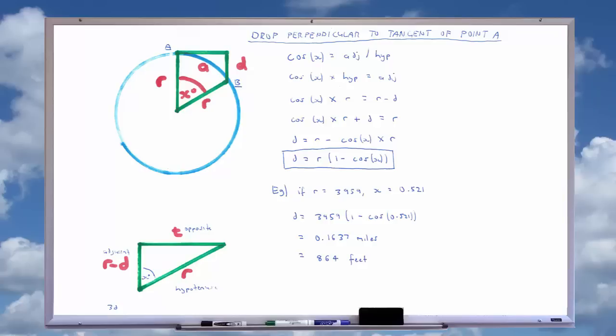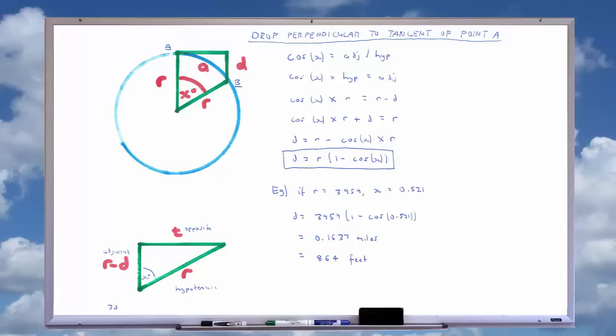Then multiply both sides by the hypotenuse. Substitute in the algebraic terms. Add d to both sides. Subtract cosine x times r from both sides. And then simplify further by factorising. This leaves us with d equals r, open bracket, 1 minus the cosine of x, close bracket.